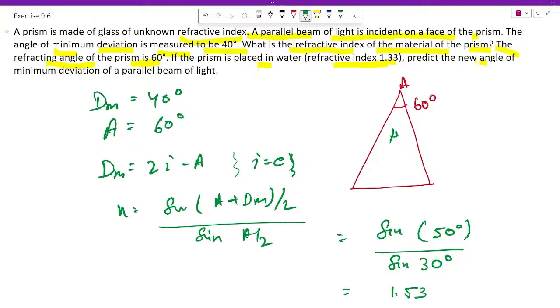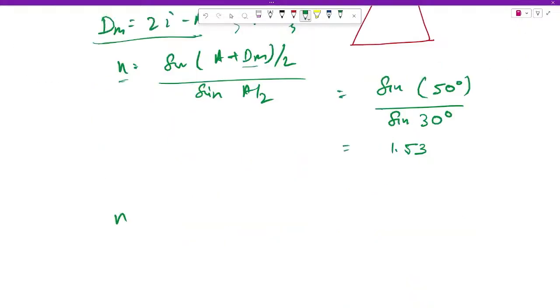Now we have to find out what if the prism is placed in water. What will be the new angle of minimum deviation? The refractive index of the prism is 1.53, so this formula will turn out to be 1.53 by that of the incident media, that is water, 1.33.